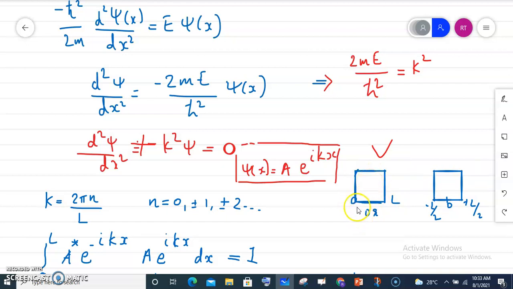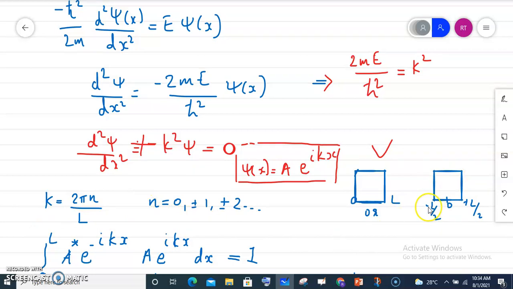I'm free to choose the limit from 0 to L or minus L by 2 to plus L by 2. In both cases, the length of the box will be capital L. So the periodic boundary condition is this one, k is equal to 2 pi n by L.